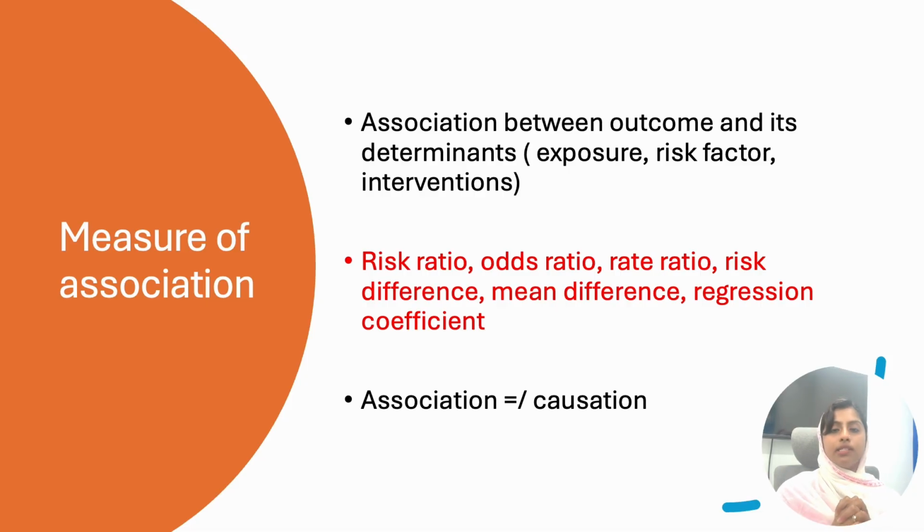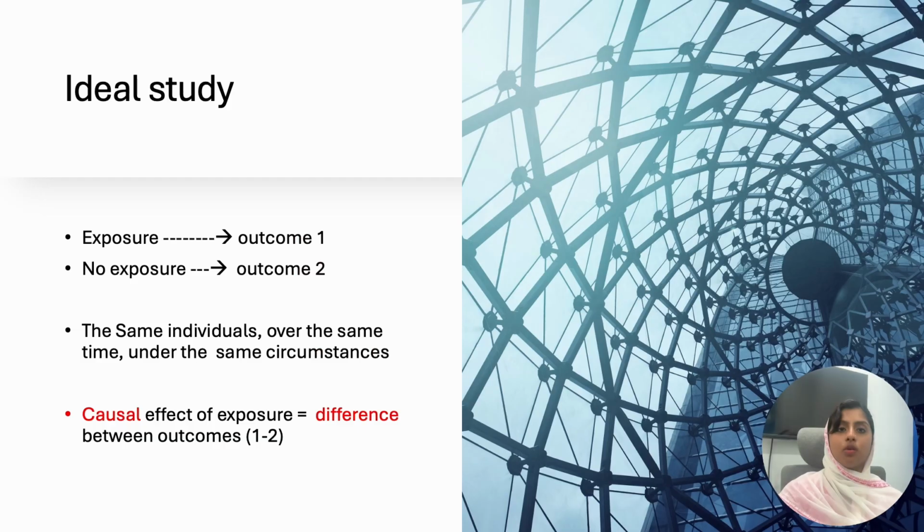But what you need to know is that not all associations are causation. There can be mere associations that occur, so you need to put in your logic and think whether this is actually a reason for the outcome occurrence. That is what's meant by not all association is equal to causation.